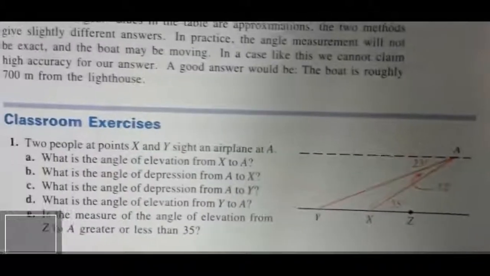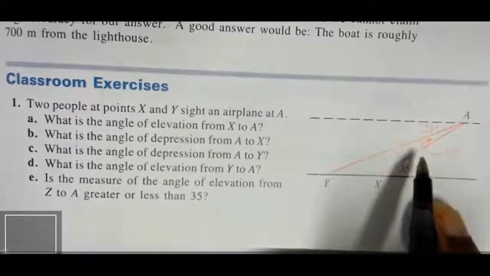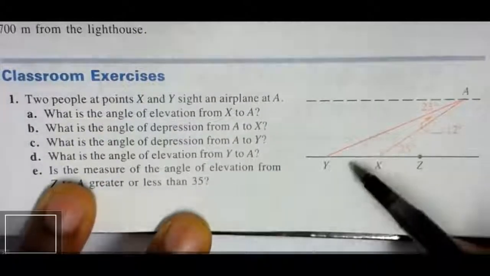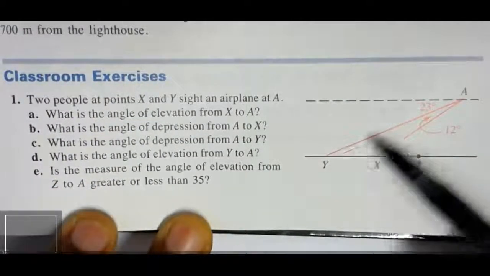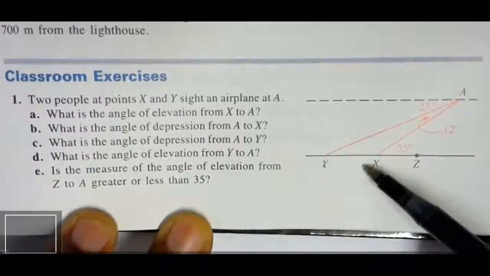Okay, so we look at this. So here two people at X and Y. Here's X and Y. There's somebody here, somebody here.